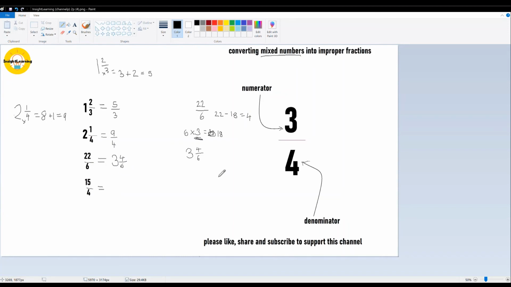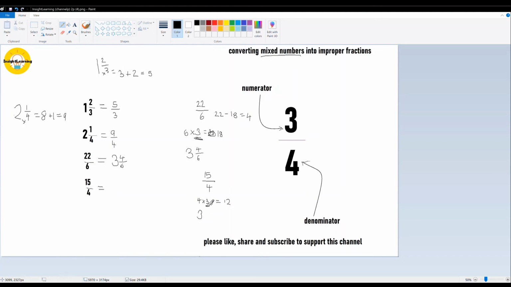Now, let's try another one. We've got 15 quarters. First, we need to see how many 4s could go into 15. So, three 4s go into 15.